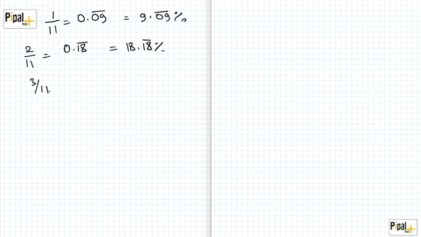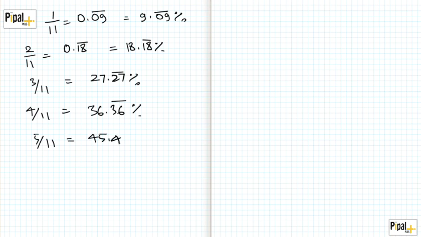Likewise, 3 by 11 will be 27.27 repeated percent. 4 by 11 will be 36.36 repeated, right? So notice that these are the multiples of 9 which keep getting repeated, right? So 5 by 11 is going to be 45.45. 5 by 11 is the fifth multiple of 9, 45.45%, and so on, right? So this is how any number by 11 works.